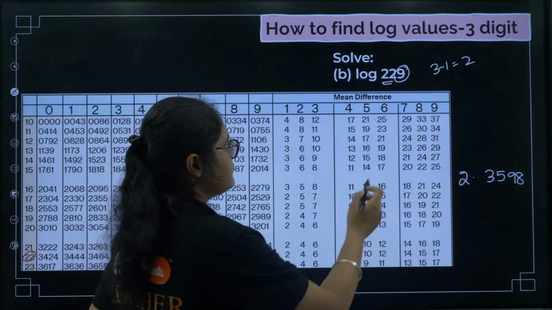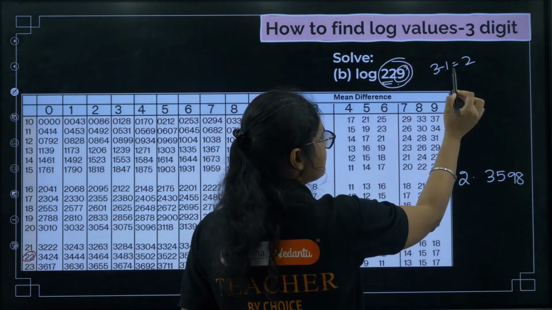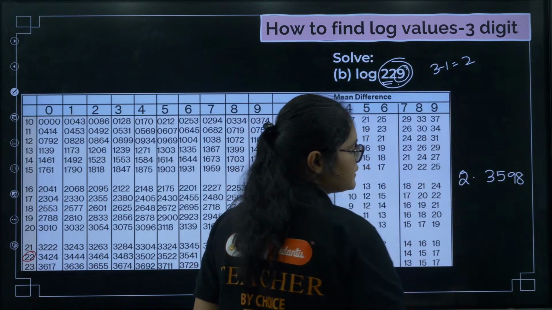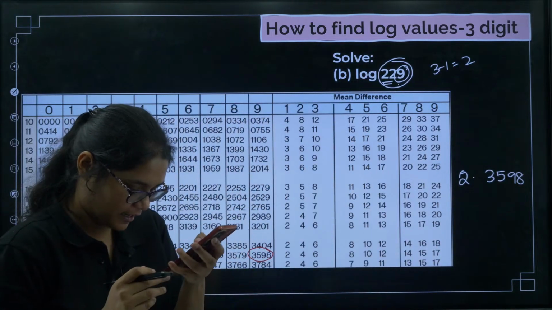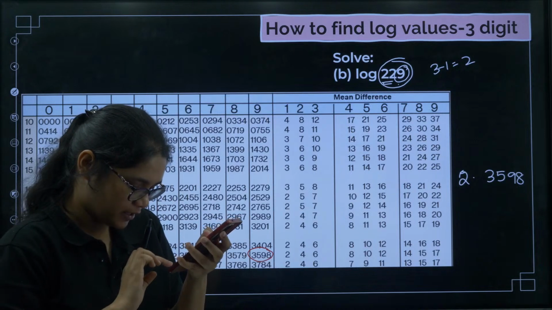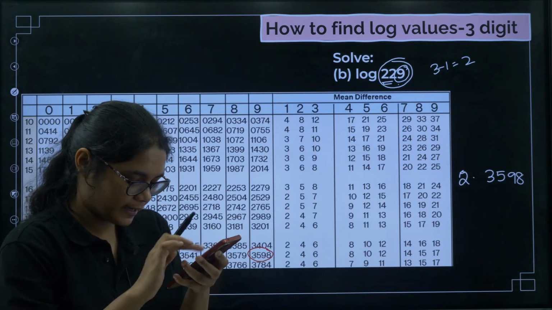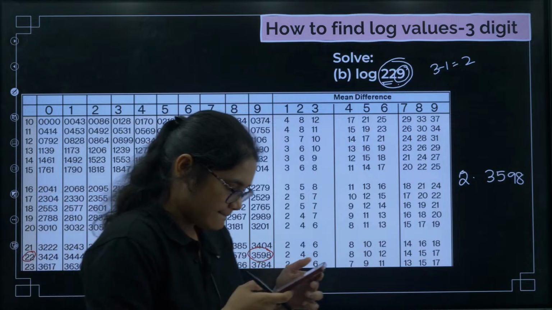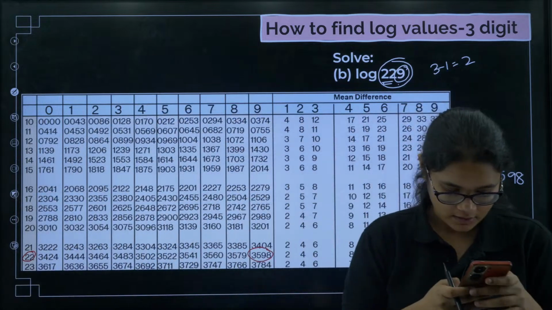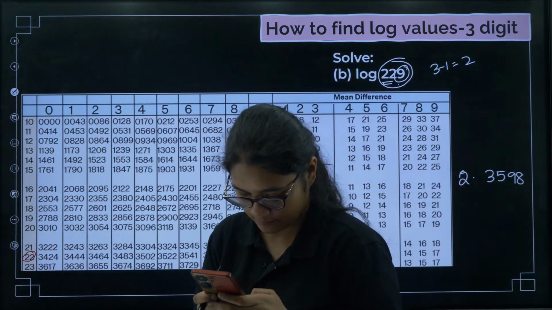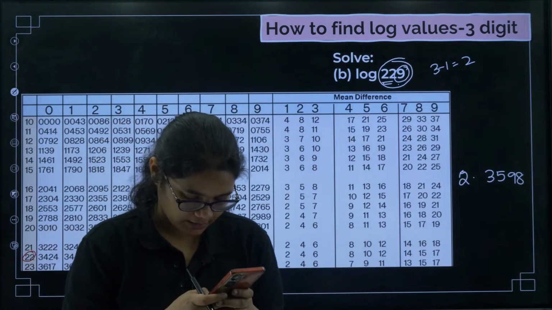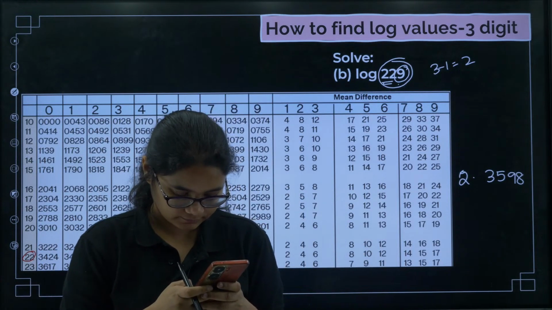Next I will subtract 1 from the total 3 digits, 3 minus 1 is 2, so just put 2 and a decimal: 2.3598. Yes Chandan, Shri Hari, very good. I hope you are getting it. Any doubt students, please tell me.